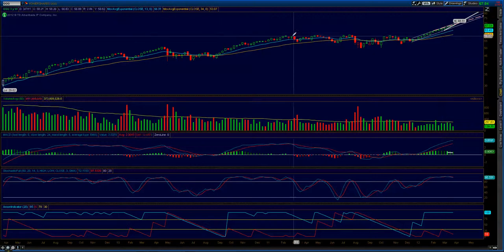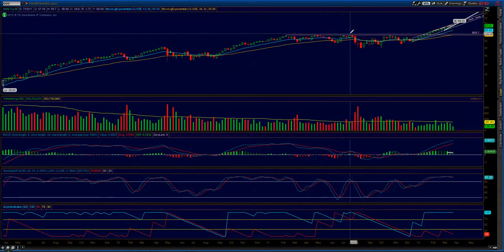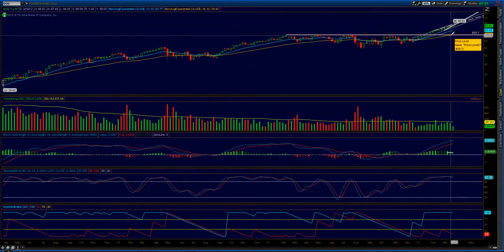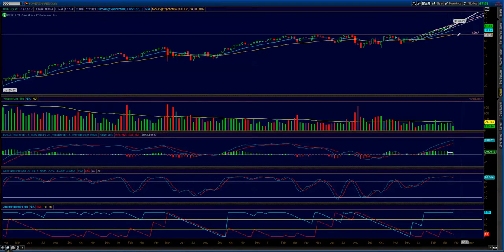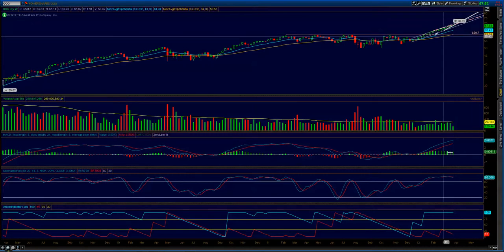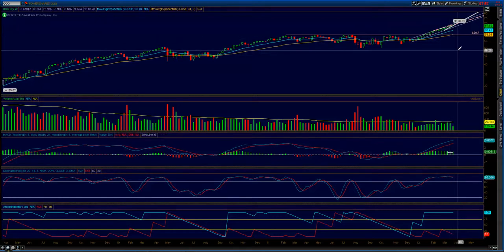Let me go and do this. You can definitely see all the support that you have all the way down here on the 34-day moving average. The only way that we get down here is if the Nasdaq 100, having higher beta, meaning they're more volatile companies or stocks, start really pushing this indice down.